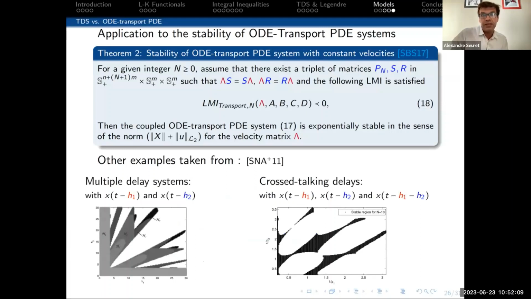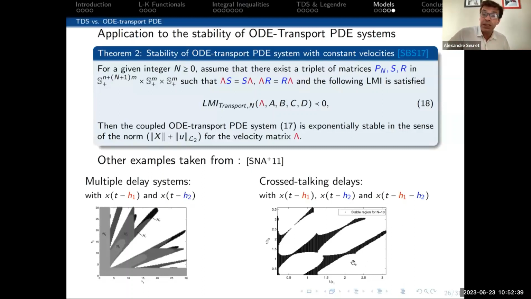So based on this general formulation, we were able to apply it to several examples where you have multiple delays. So you have 2 delays or more, or you have also the case of cross-talking delays. So I took this example from a paper by Rifat Sipai, where you have terms that are delayed by H1, H2, and the sum of H1 and H2, which makes a lot of complication.